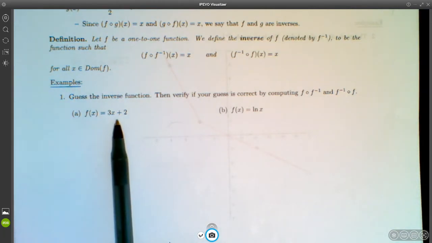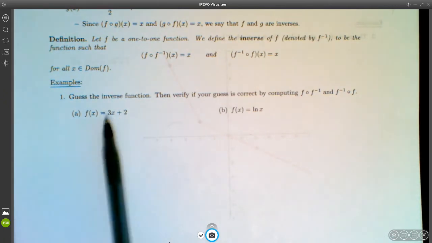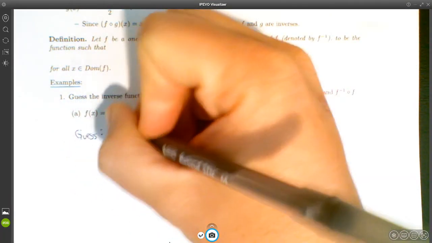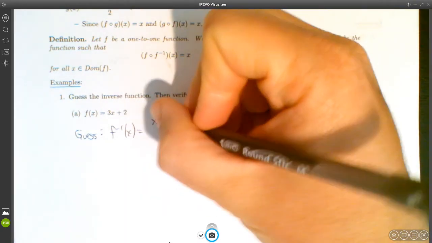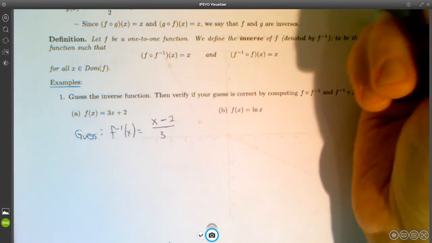So if you think about solving this for x, first we would subtract 2, and then we would divide by 3. So my guess for f inverse is that I'm going to take some number, subtract 2 from it, and then divide by 3. So that's what I'm guessing f inverse is.